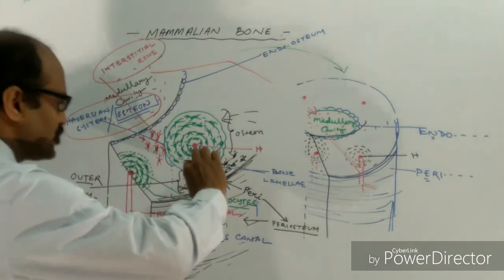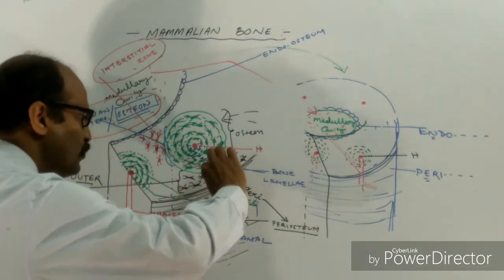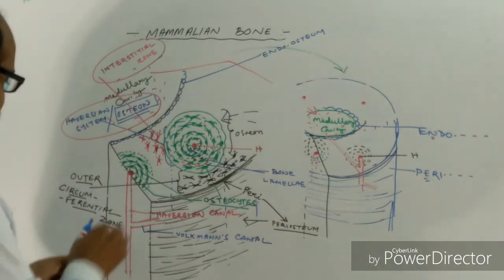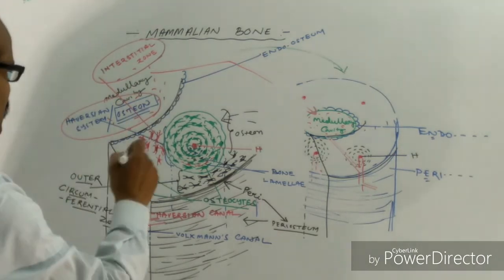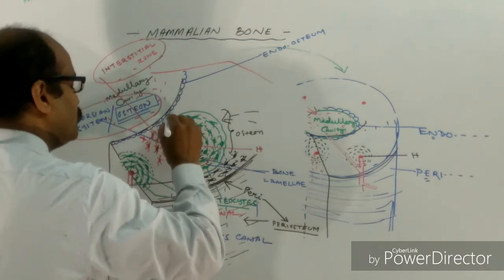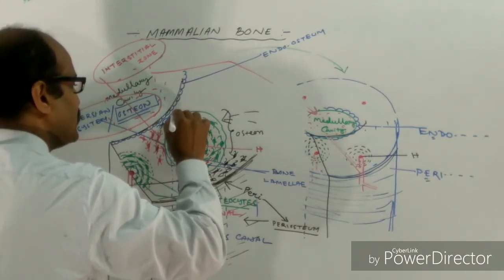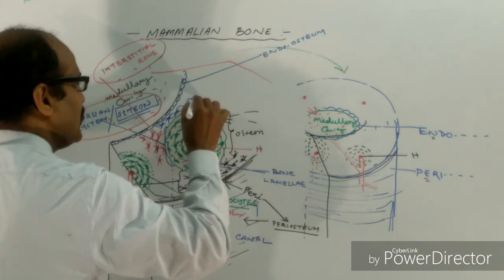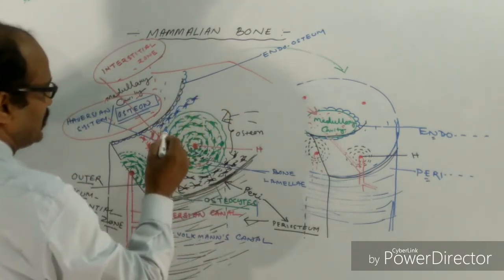Like this, such a type of thin zone is also present on the inner side. Suppose that this is the inner region, and this inner region has some osteocyte cells present. Suppose that they form a single layer of osteocytes.